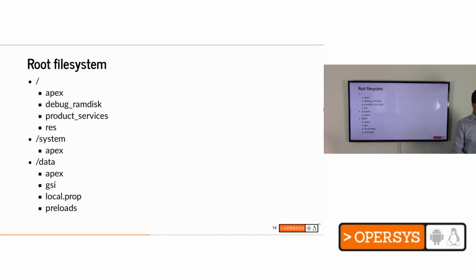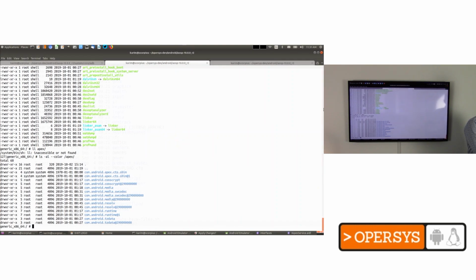Now if you start digging a bit deeper, you'll see that Apex has things in a bunch of different places. So I have under system, I've got Apex as well, and under data as well, I've got Apex bits.